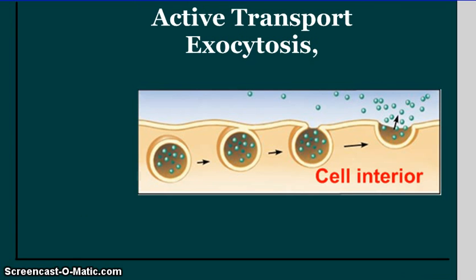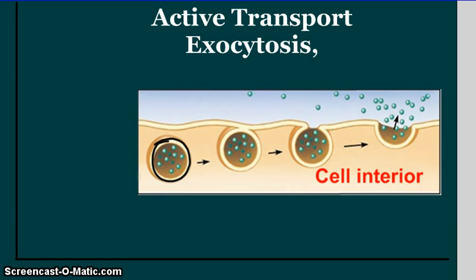Active transport. We're going to begin by talking about exocytosis and endocytosis. In this case, you need to note where the interior of the cell is. This is done with a vesicle. A vesicle is a small package of material surrounded by a lipid bilayer.